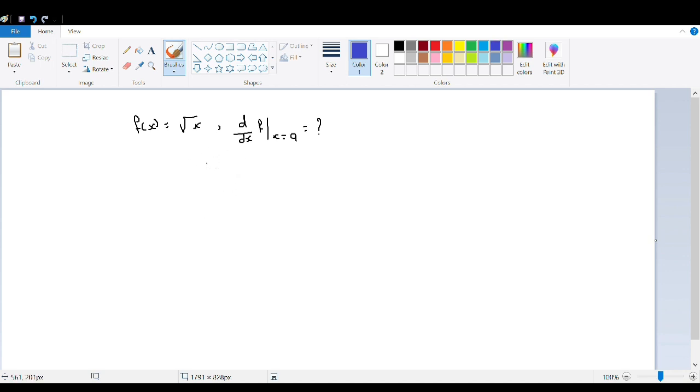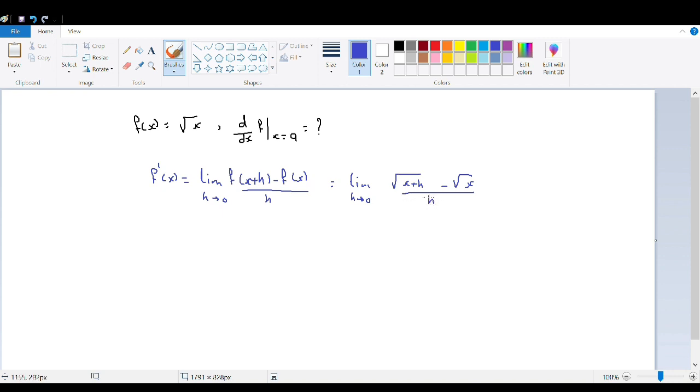To find the derivative, we use the definition, where f prime of x equals the limit as h approaches 0 of f of x plus h minus f of x, divided by h. Now let's substitute. F of x plus h is root of x plus h, minus f of x which is root of x, divided by h.